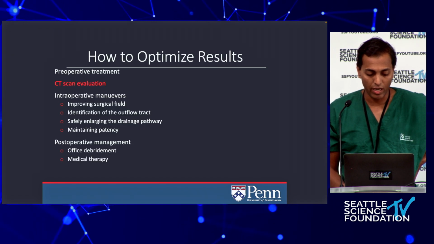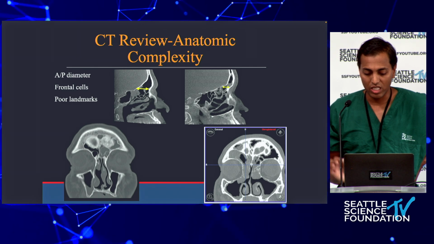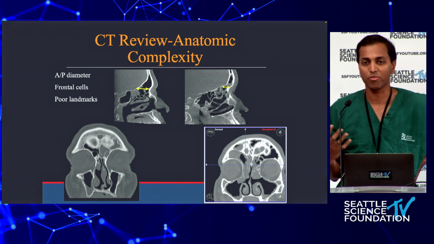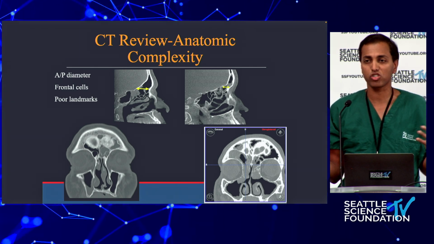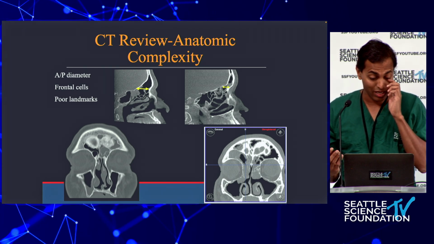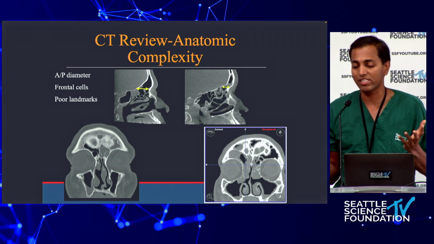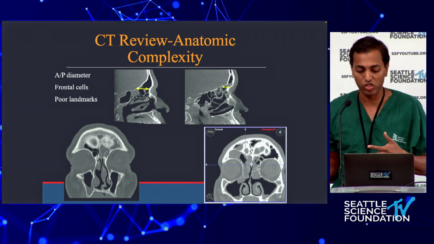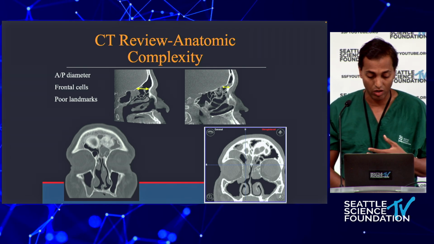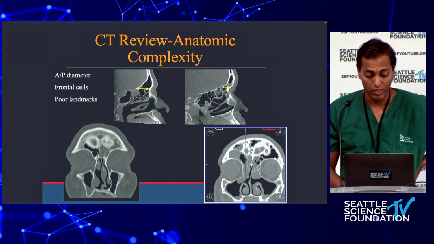And then when you actually look at the CT scan, let's talk about the key points that I honestly think about from a frontal sinus dissection standpoint. First and foremost is the AP diameter. If that diameter is large, even if the bone is thick, it's still pretty straightforward. Conversely, if you have narrow anatomy there, you're going to struggle a little bit, even with more straightforward cases.